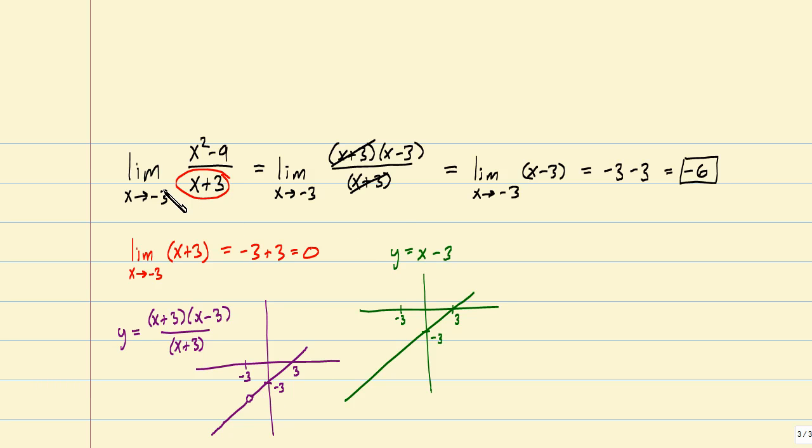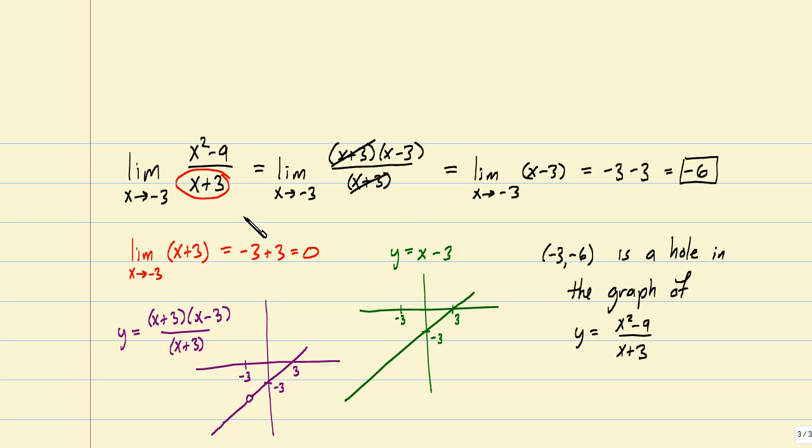This is because the limiting value existed, but the value negative 3 was not in the domain of this expression here. When that happens, or when the limiting value should disagree with the value of this function at this point, in either one of those cases, we say we have a hole in our graph.